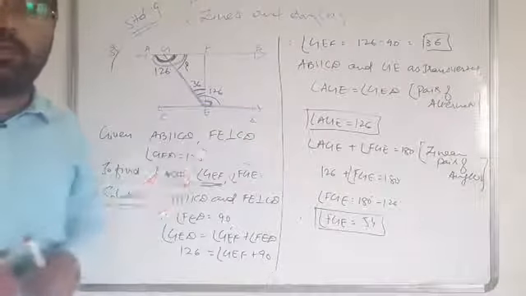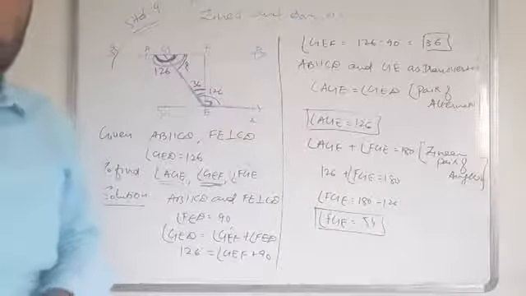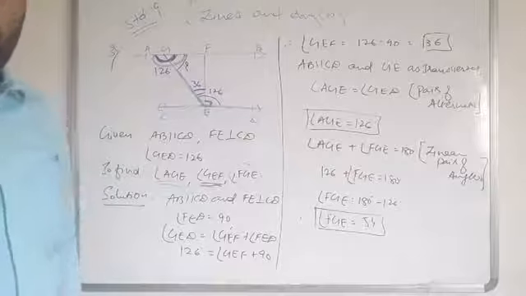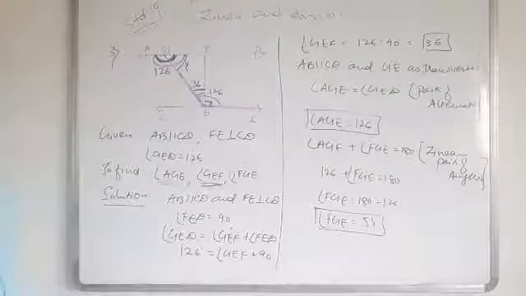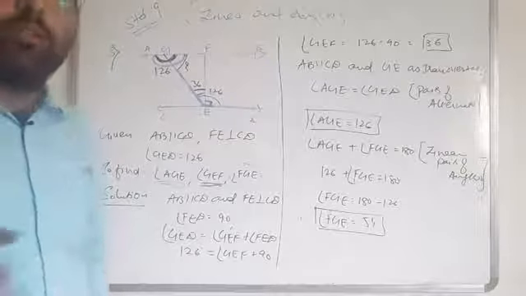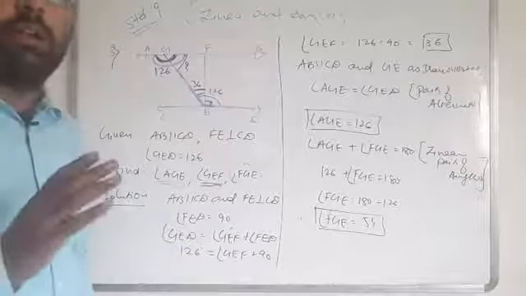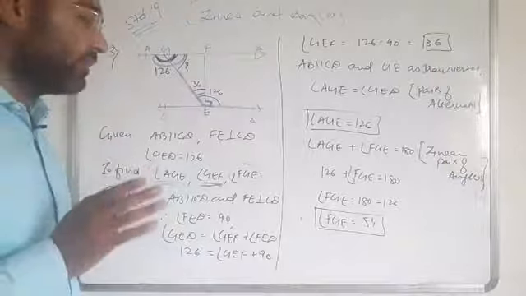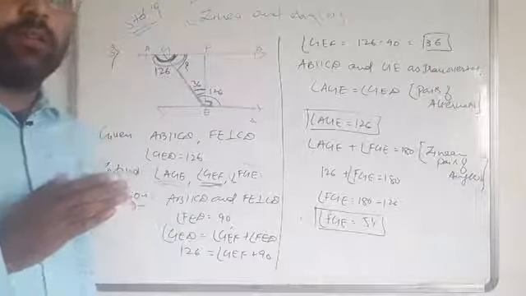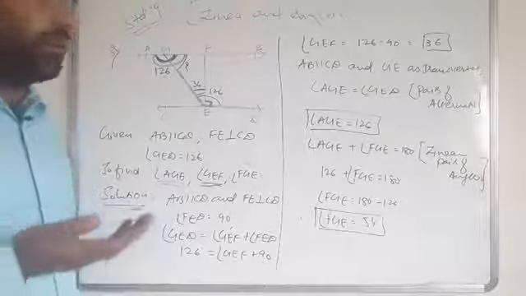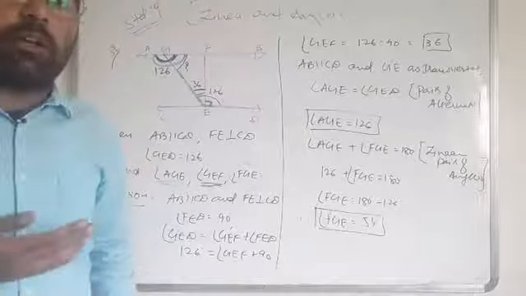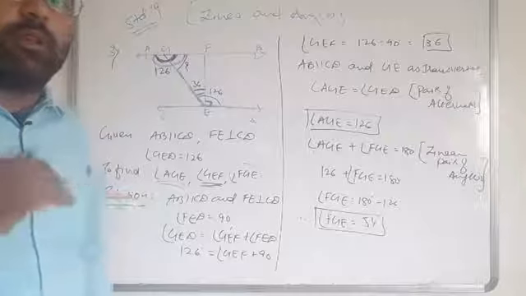Now you have to note down this question. All of the questions given in your textbook use linear pair of angles, supplementary angles, complementary angles, alternate angles, corresponding angles, parallel lines and transversal lines.